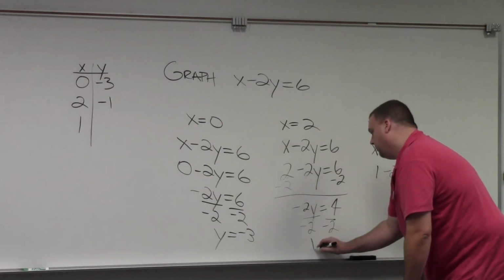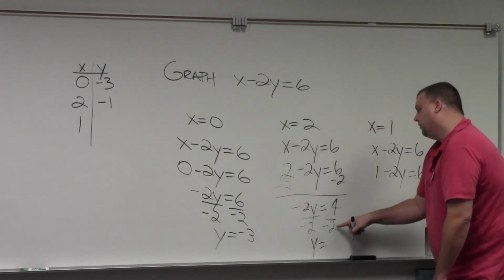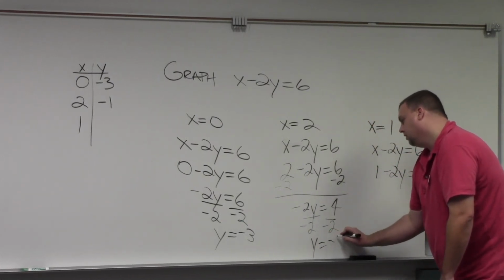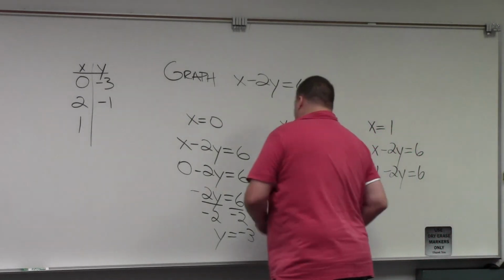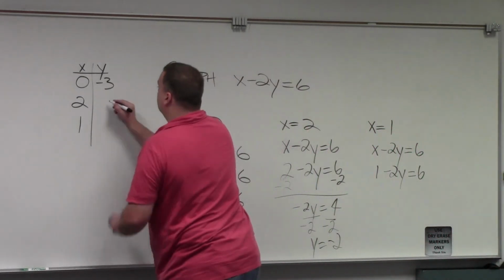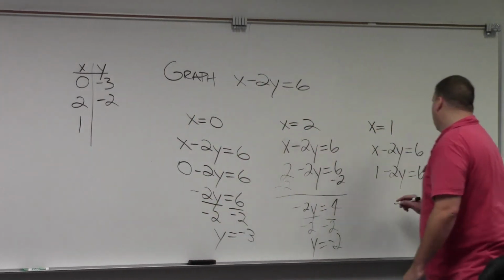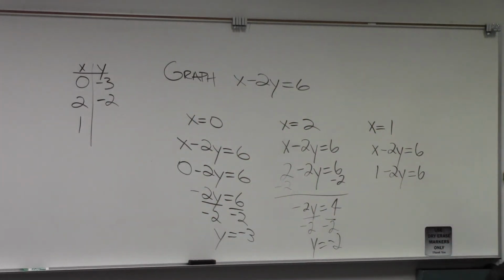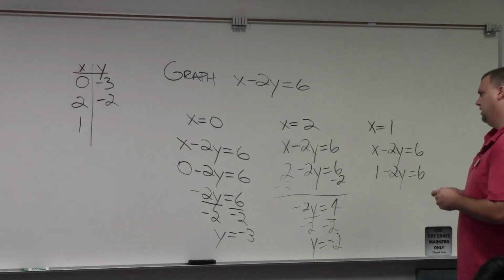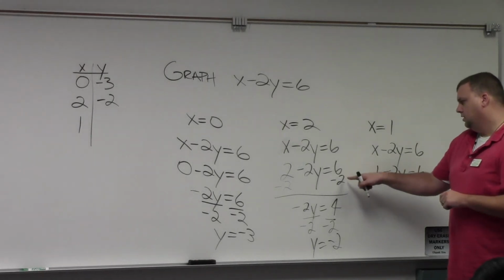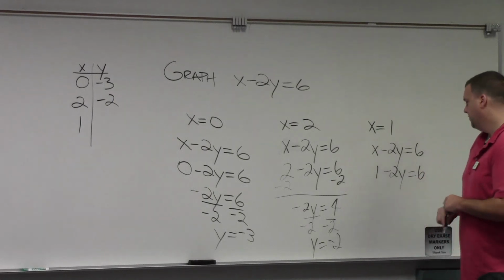All right, so our value for y there is going to be 4 divided by negative 2, which is negative 2. So let's change that. 6 minus 2 is the 4 there.